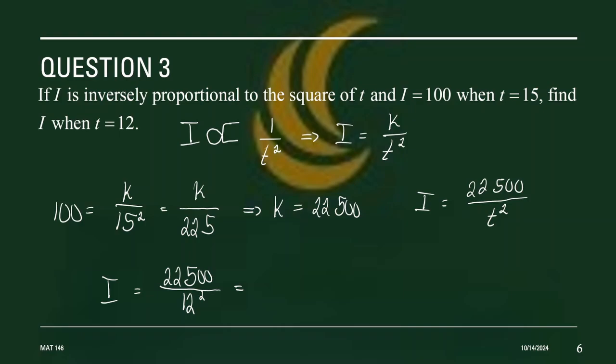It was 100 times 225, right? But 10 is 5 times 2, so we can write it this way.